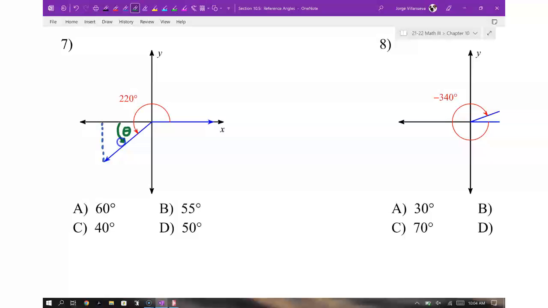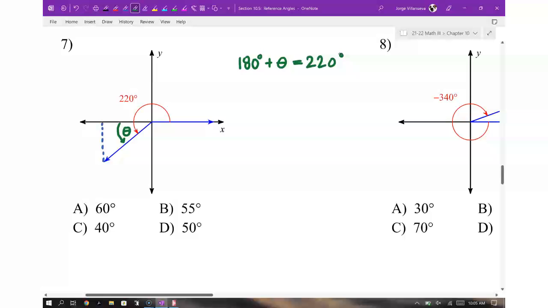But I'm trying to figure out from 180, how much more did I go? From 180 to 220, how much more did I go? So I was at 180 degrees, I added a certain angle, and now I'm at 220. So from 180, we added that green little angle, and now we're at 220.